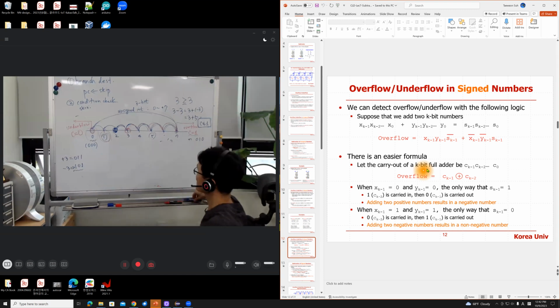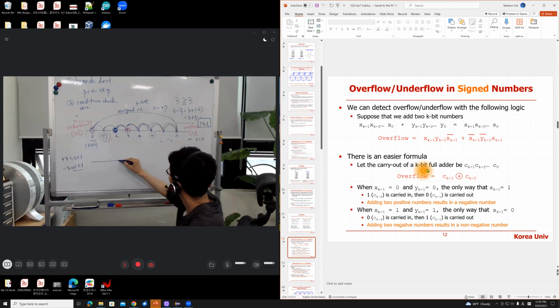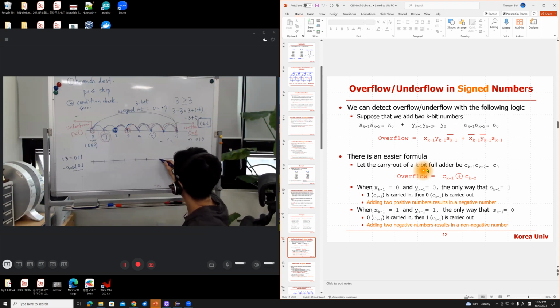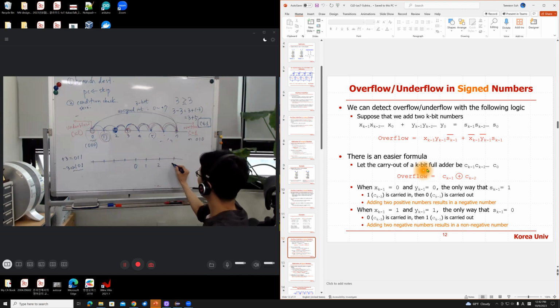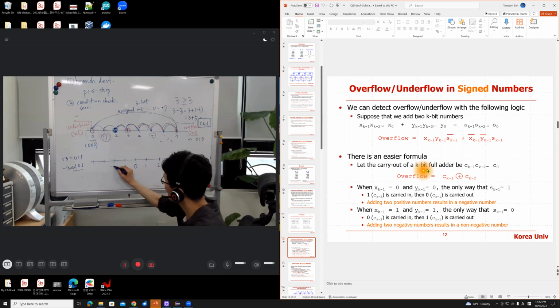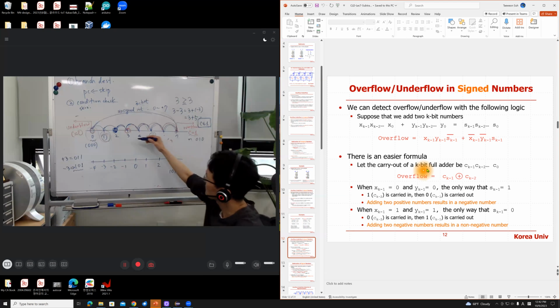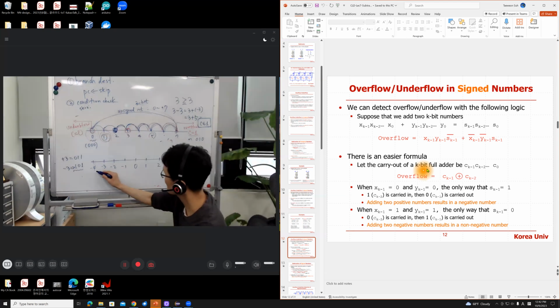Taking a 3-bit computer as an example, 8 different values can be represented. Right? 0, 1, 2, 3, and then -1, -2, -3, -4. So for signed numbers, this one is 0, 1, 1. And -1 is what? 1, 1, 1.